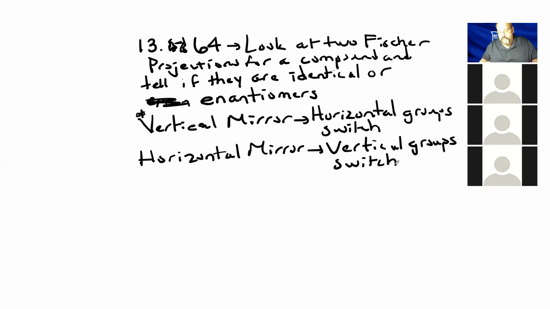As you saw in the notes, and as you'll see in a few minutes when we look at monosaccharides, we always use the vertical mirror. But again, in the world of drawing enantiomers, you could use a horizontal mirror. All right. So let's take a look at a couple of examples.